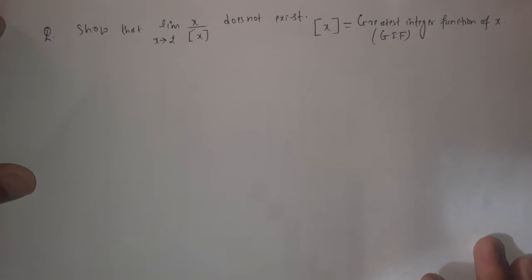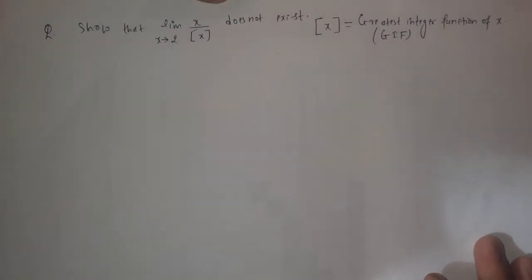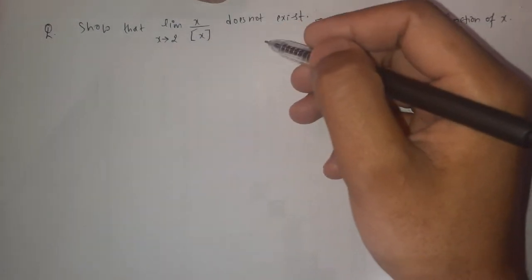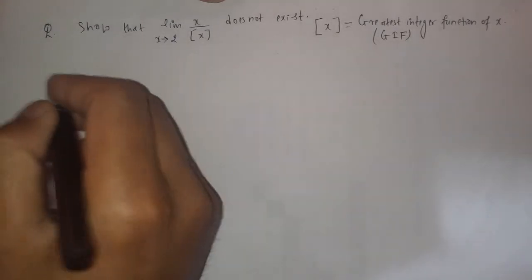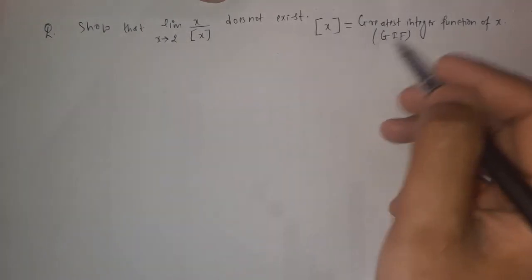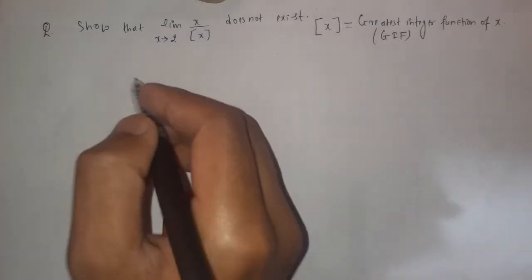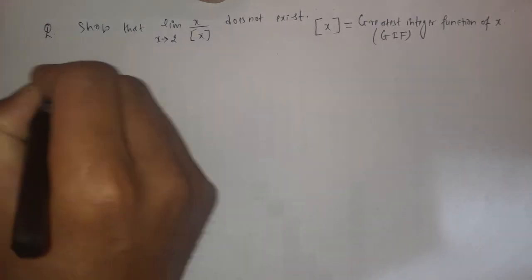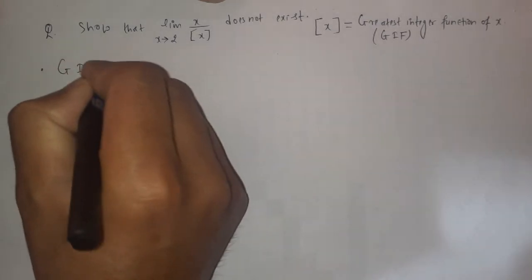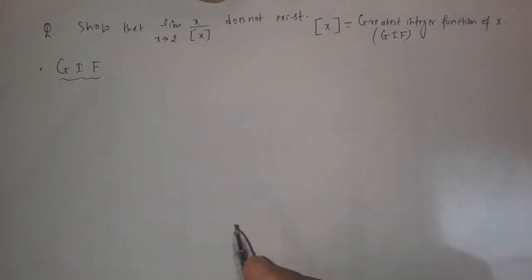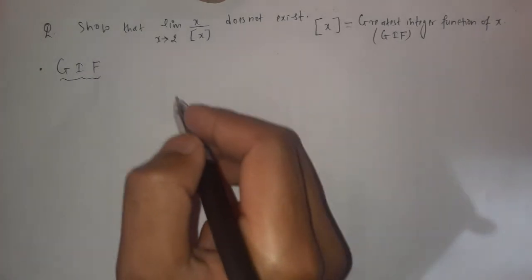This question is totally related with the greatest integer function and the existence condition of the limit also. So let's revise the methods for calculating the greatest integer function of a number. First of all, let's discuss the greatest integer function, GIF.